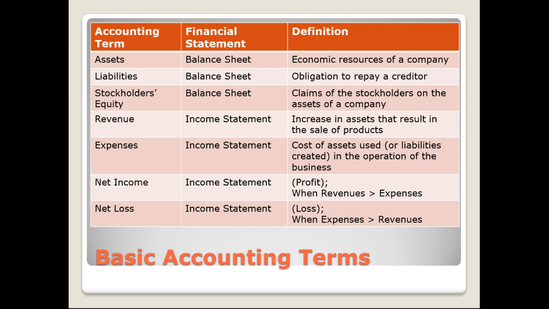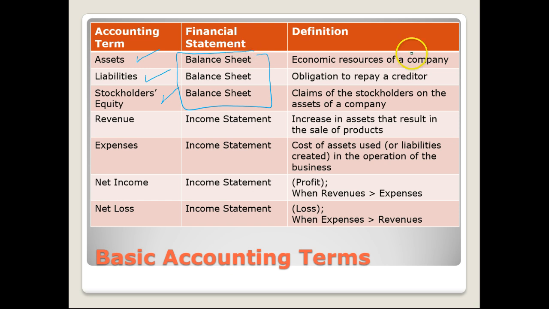All right, some basic terms that we're going to be encountering as we go through our study. You're going to have major categories of events and accounts that occur in accounting. We are going to have assets, liabilities, and stockholders' equity that all are found on the balance sheet.